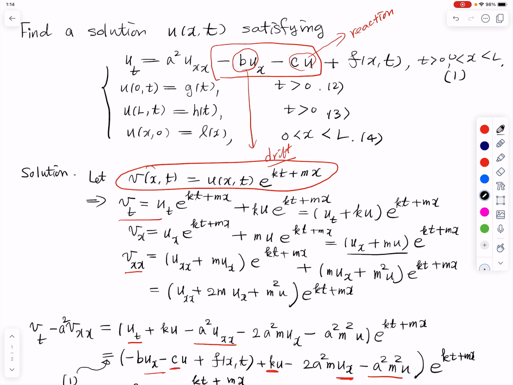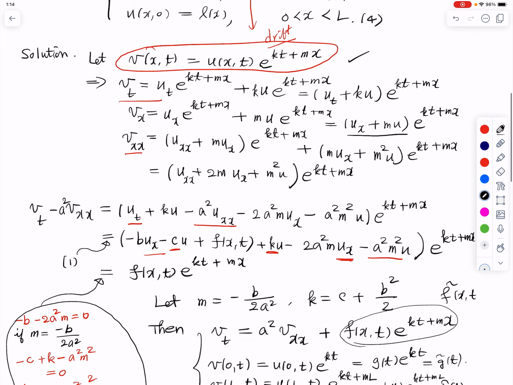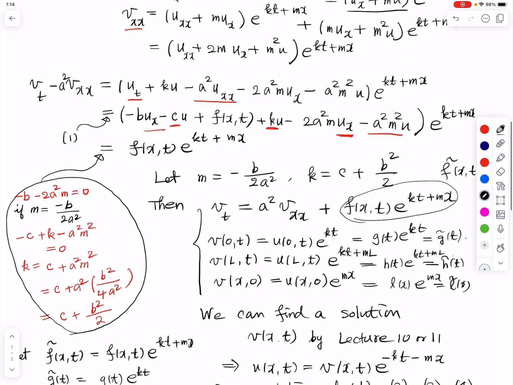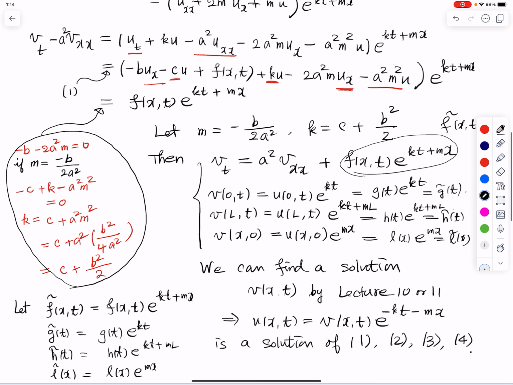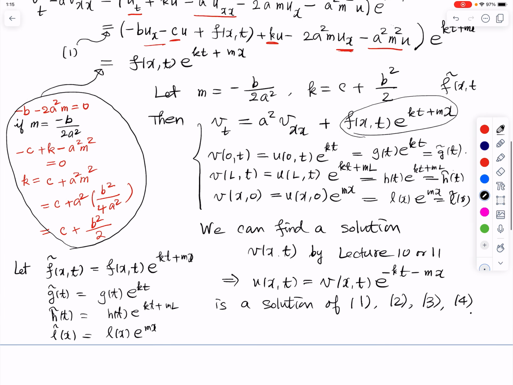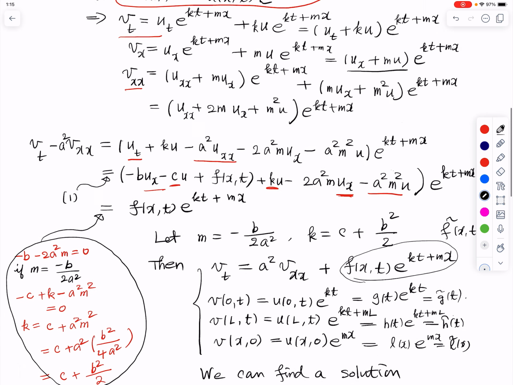You consider the new function vxt equals uxt exponential kt plus mx. Then you get the new equation for v. The equation for v we already know from the previous lecture, lecture 10, I guess. So then finally you can find the uxt. Okay, so let me stop here.